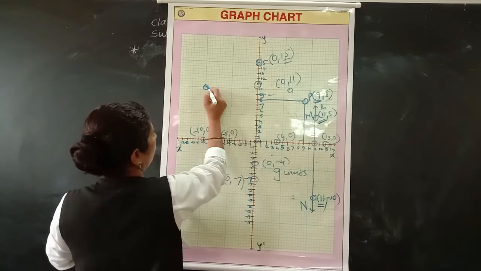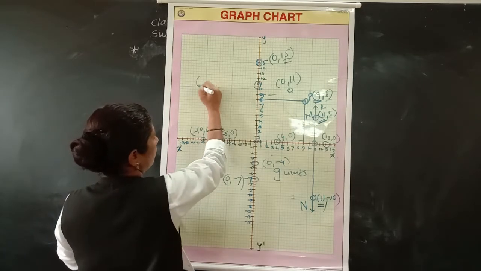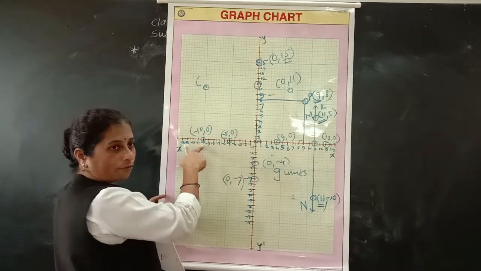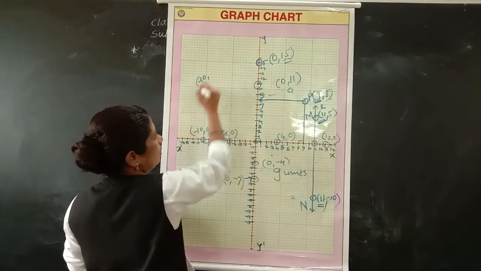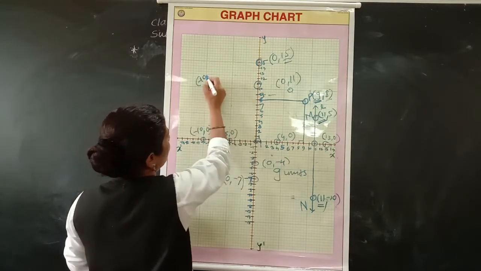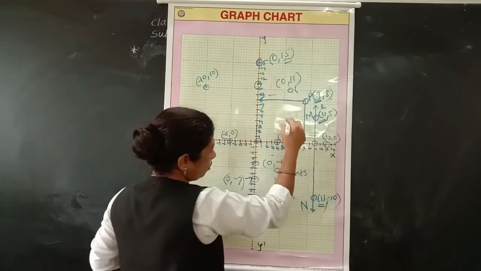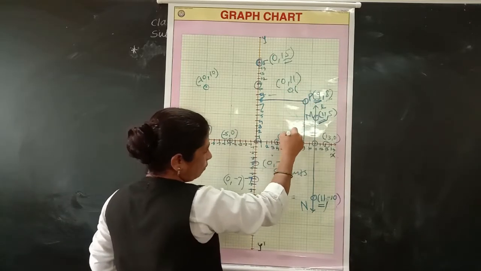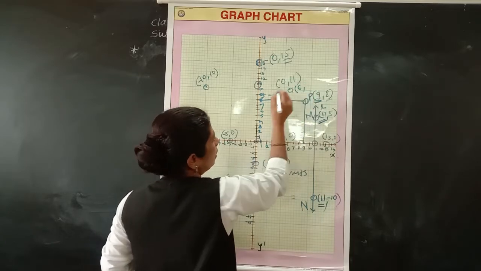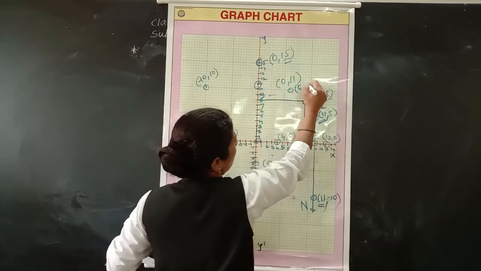Now what are the coordinates of this point? -10 on the x-axis, and on the y-axis it is 10, right? And here, what are the coordinates of this point? It is 6 on the x-axis, and 10 on the y-axis.